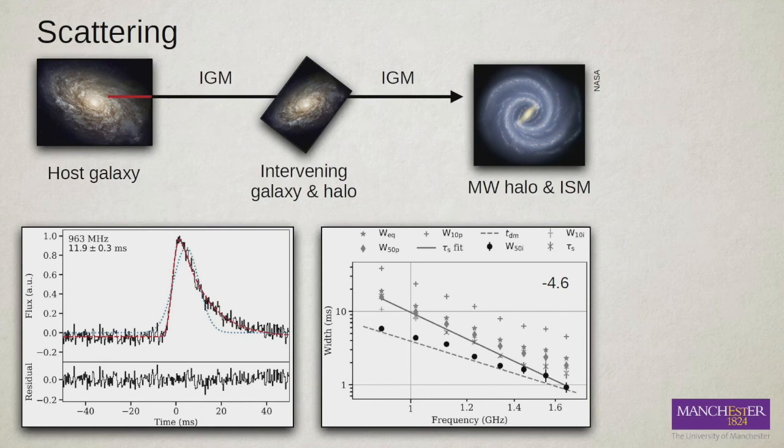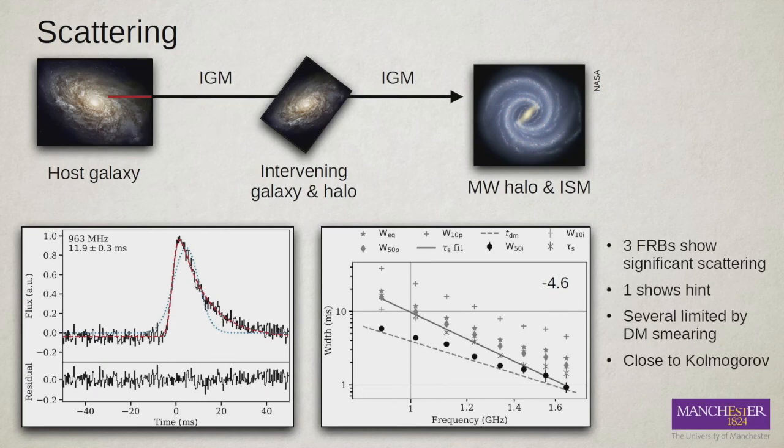I just show you an example here of an FRB that shows a nice scattering tail with a scattering time of about 12 milliseconds. And if you look at how the scattering time scales with frequency, you can derive the scattering index, which is minus 4.6 for that FRB, which is consistent with being Kolmogorov turbulence.